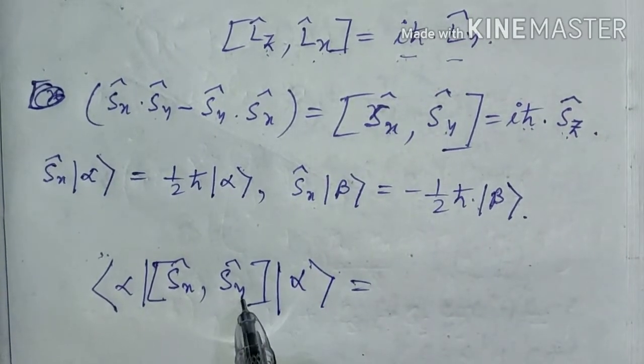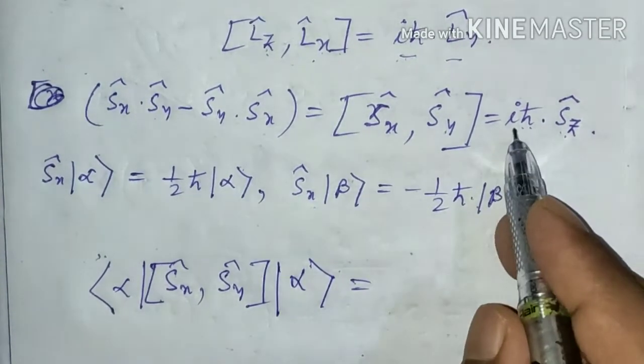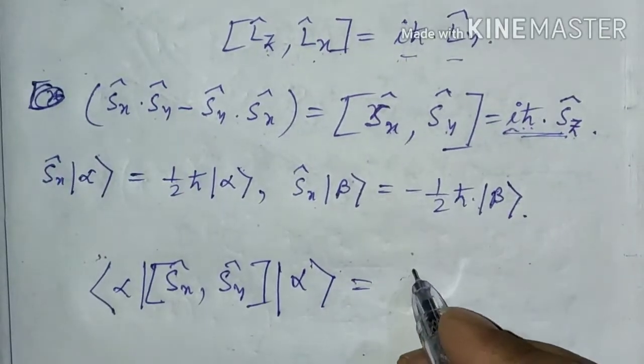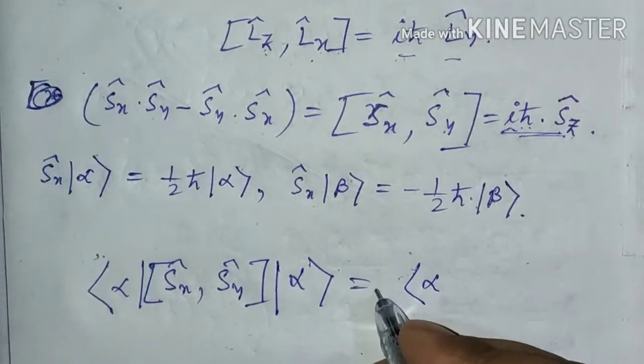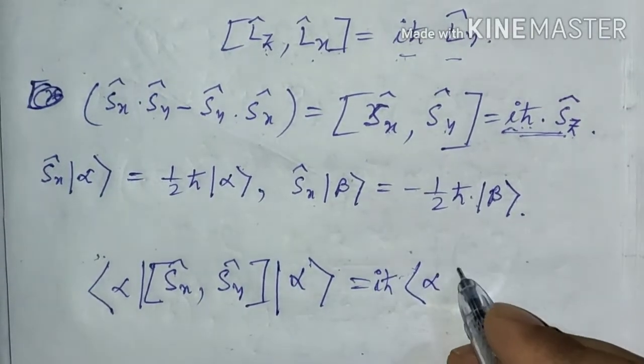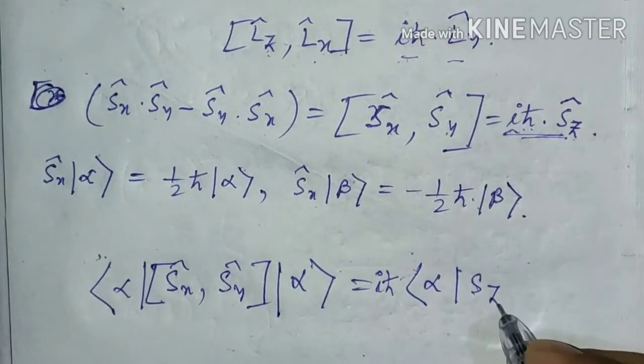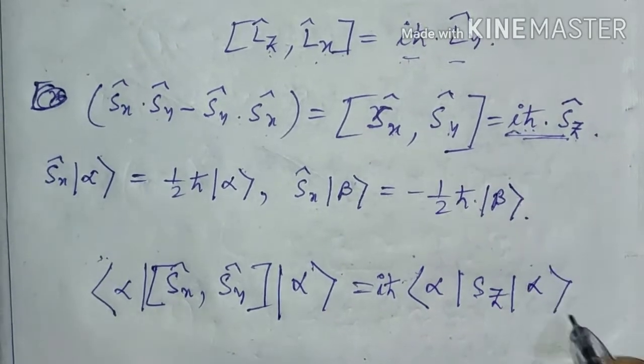And the commutator of Sx and Sy is iħ Sz. If we bring the iħ out of the box, then it will be Sz alpha.